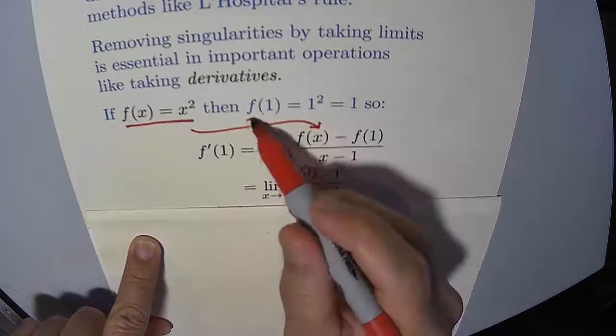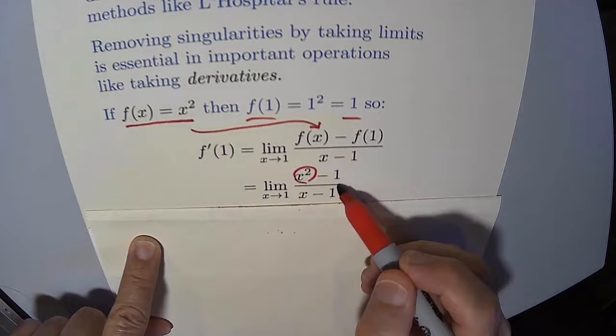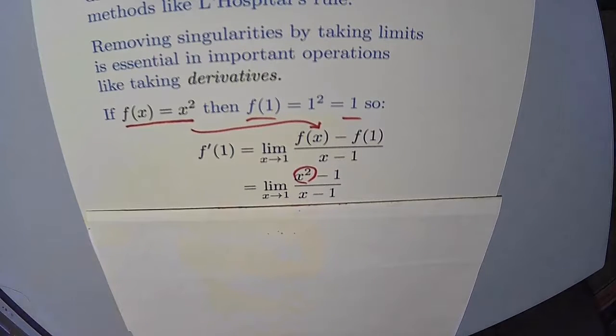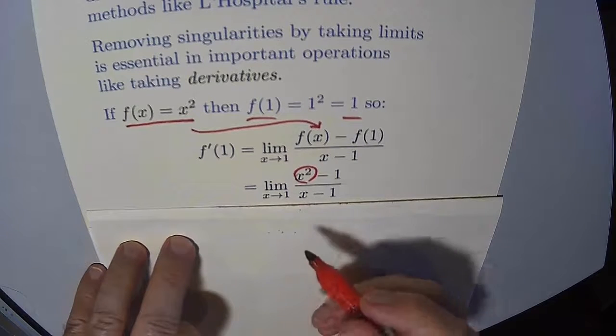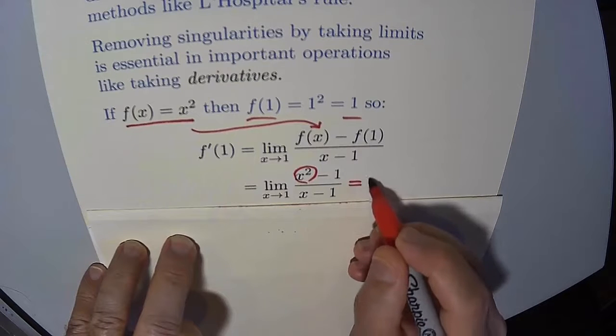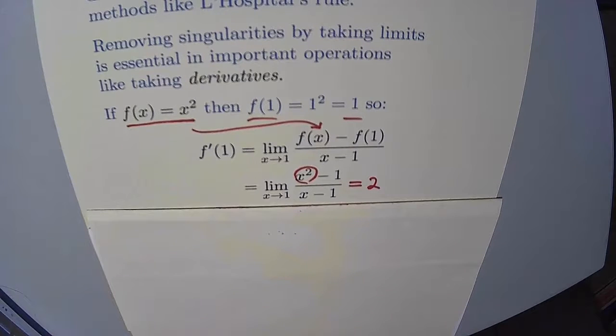F of 1 is 1, so that's 1 here, and I get x squared minus 1 over x minus 1, and that is exactly what we had earlier when we were talking about algebraic simplification. We calculated this to be equal to 2, and that means f prime of x squared at x equal to 1 is 2, something that you can easily figure out using the power rule also.